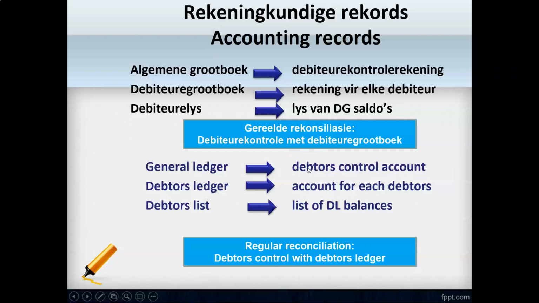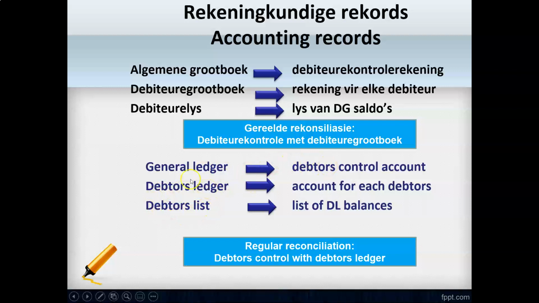If I want detail, I have to go to the subsidiary ledger and to the individual debtor's account in the debtors ledger. When we get a balance of our debtors control account at the end of the financial month, that balance must reconcile to the total of the debtors list. It's the same transactions.